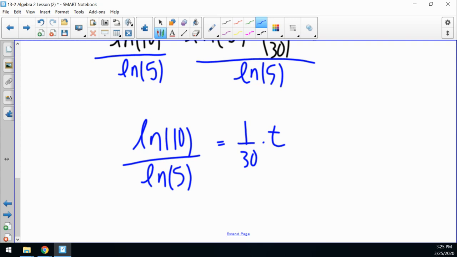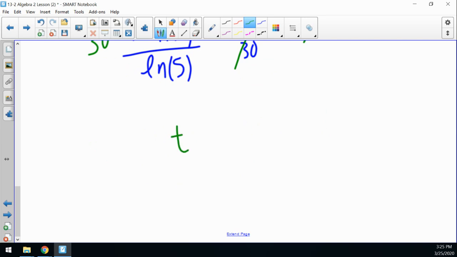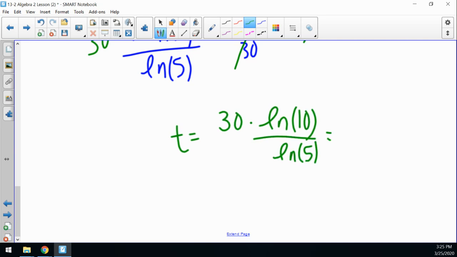Now, how do I get t by itself? I have to multiply both sides by 30, and then those cancel out. And I find that t is equal to 30 times the ln of 10 over ln of 5. I can go to my calculator and put those in: 30 times the natural log of 10 divided by the natural log of 5.